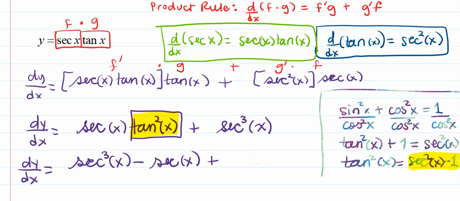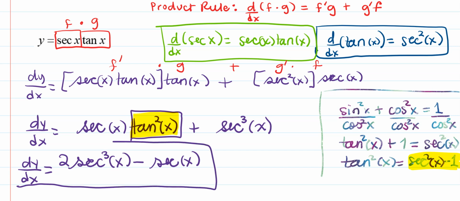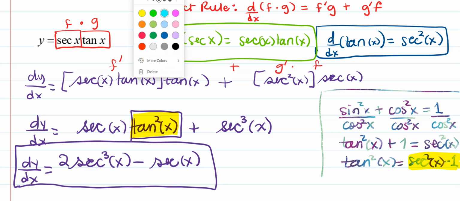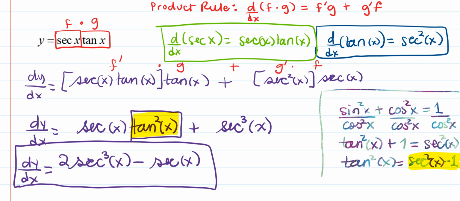So you have secant to the third plus another secant to the third, so you have two secant to the third. And then you might have a different looking answer if you had traded secant square in for tangent square plus 1.